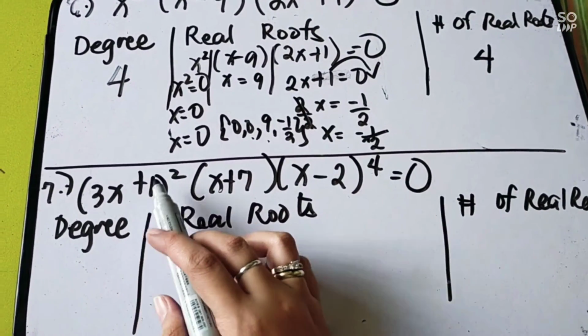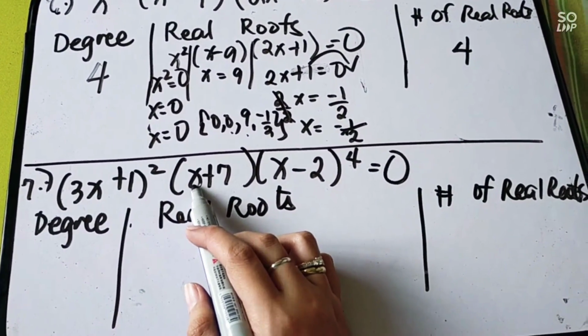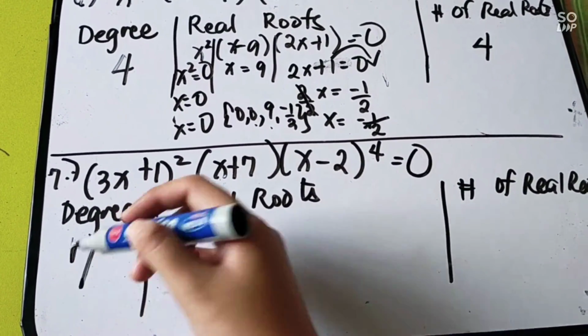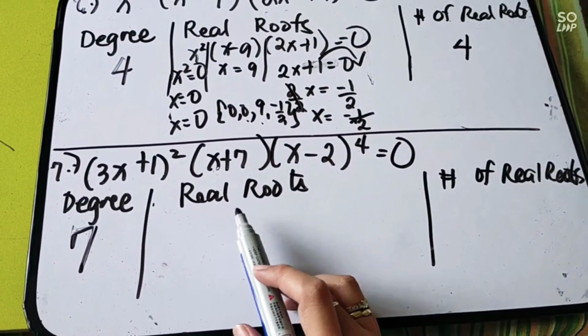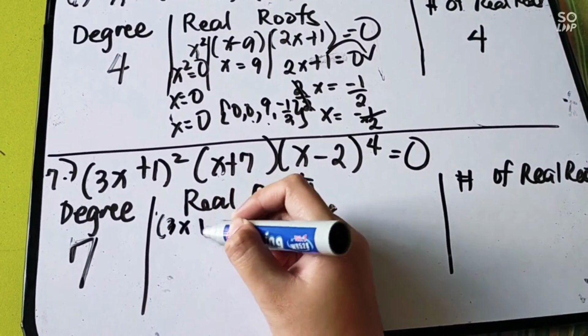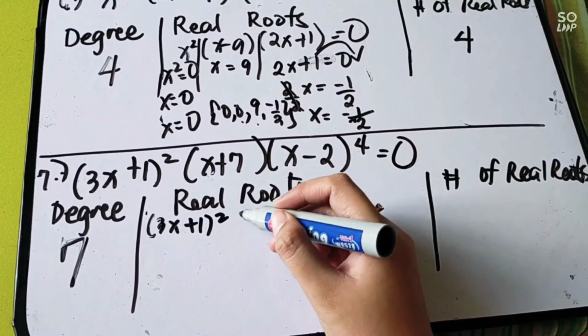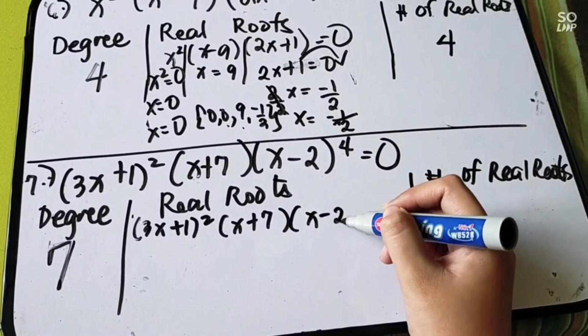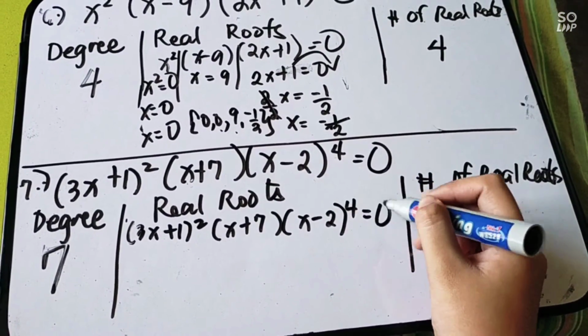Diba? 2 plus 1, 3. 3 plus 4, we have 7. The degree here is 7. So, dapat magkakaroon tayo ng 7 real roots dito. So, we have 3x plus 1 squared times x plus 7 times x minus 2 raised to 4 equals to 0.